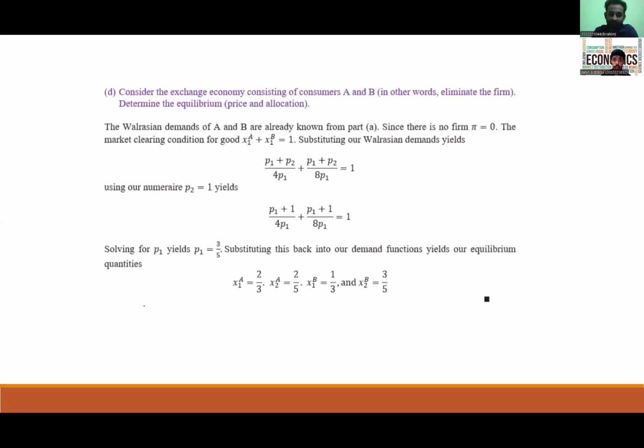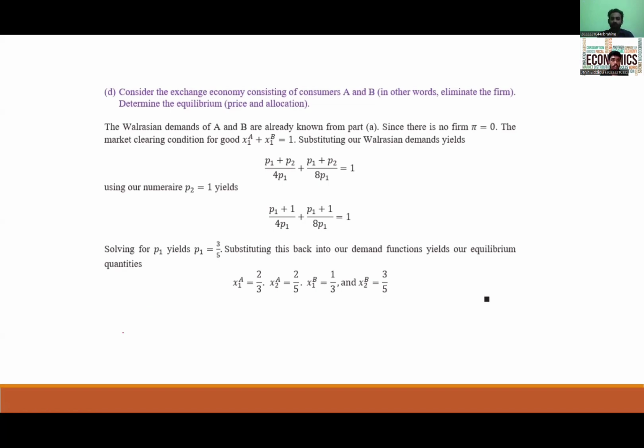Now we have learned from our earlier studies that the valuation demand of good of consumer A and B are already known from our part A. We have derived the values from part A. Since there is no firm, there is no profit condition and no profit margin, and no individual has any incentive to get some profit from production.